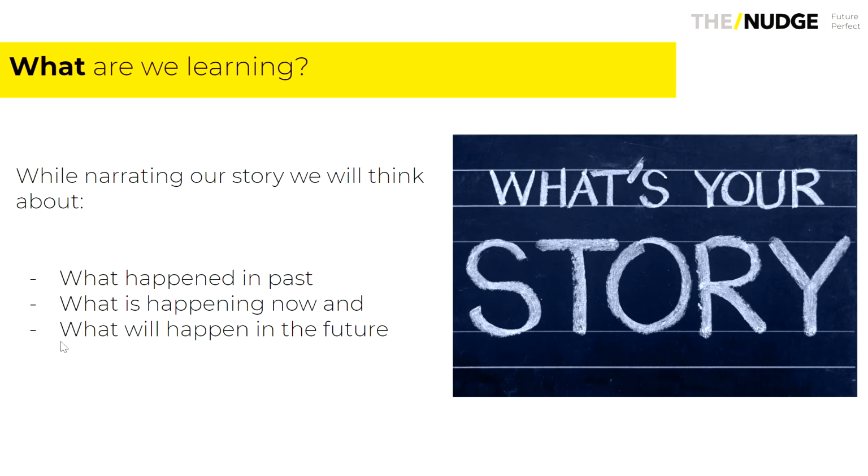And we finally end our story by letting other people know what you want to happen in the future and what will happen in the future. Let's look at how to describe each of these things through a story.